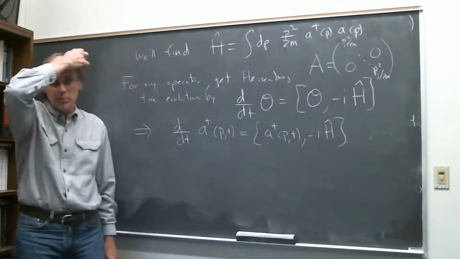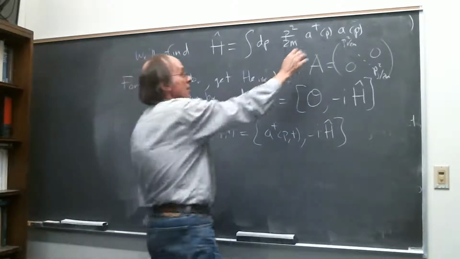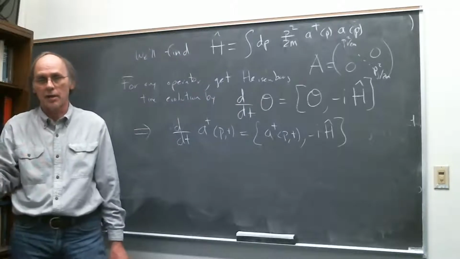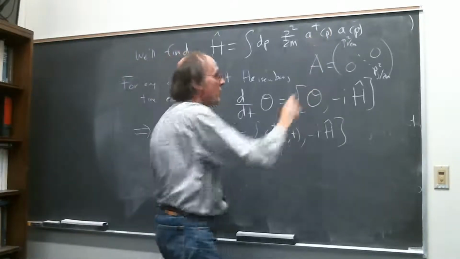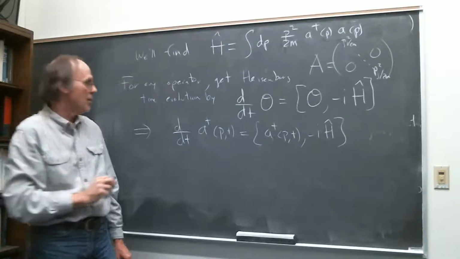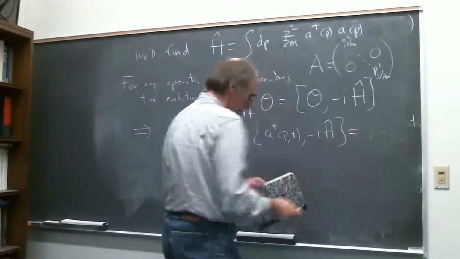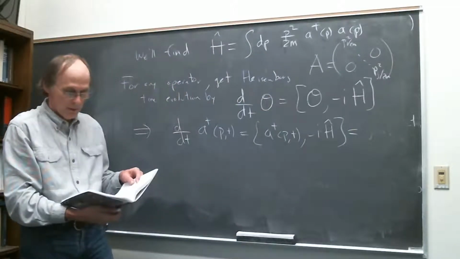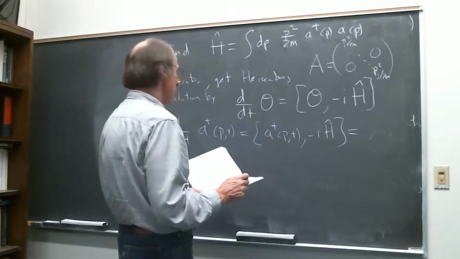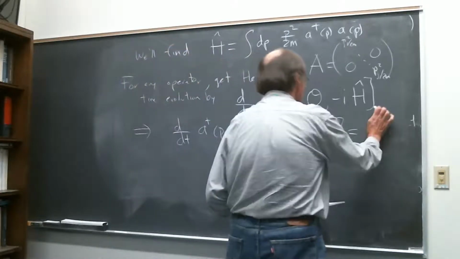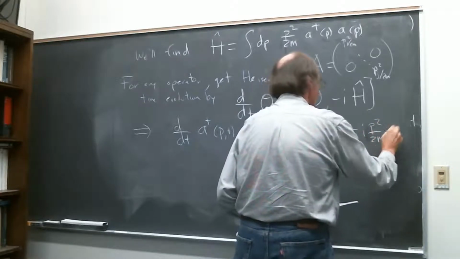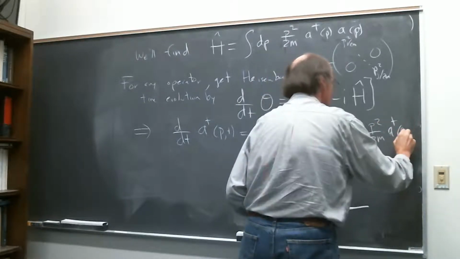Again, the simplest way of making sense of this is to think of p as being a finite index, and then you can use the standard discrete commutation relations to see what's going to happen, and you'll find that this does turn out to be p squared over 2m. So this is then i times p squared over 2m a dagger of p.